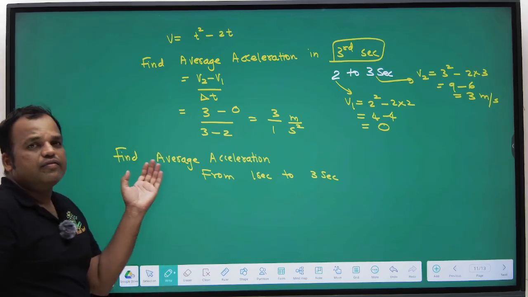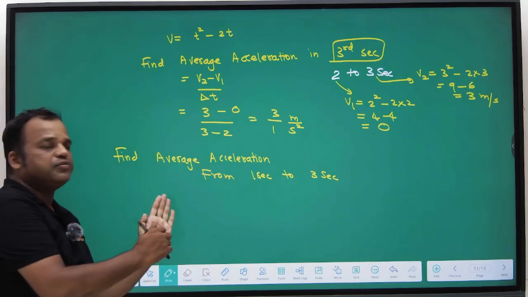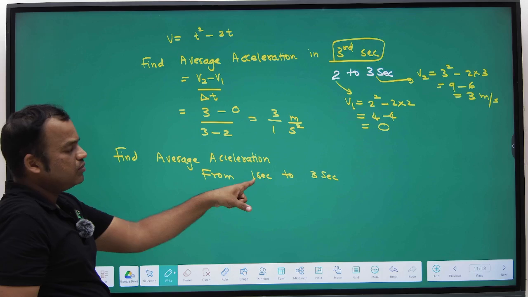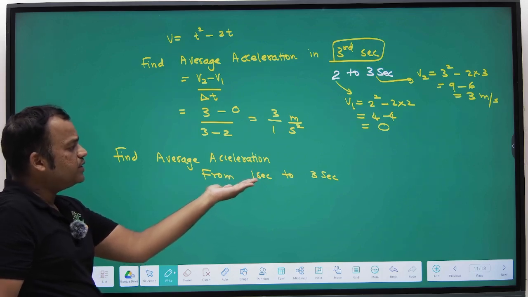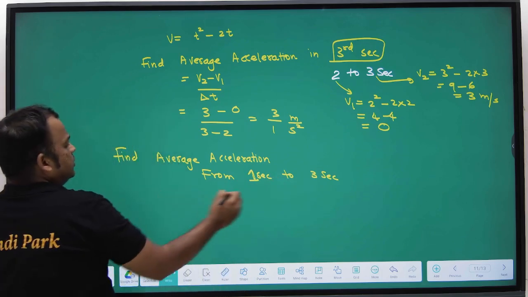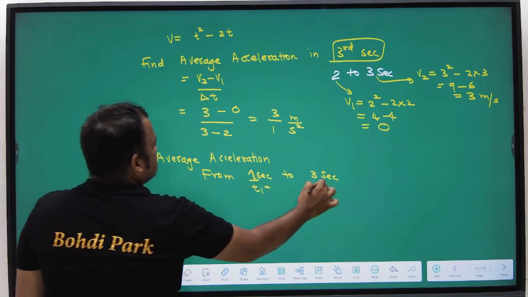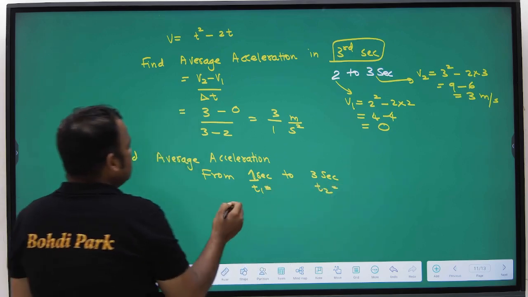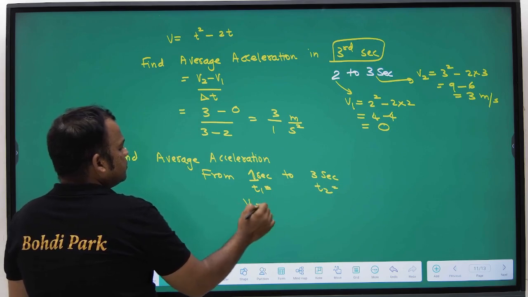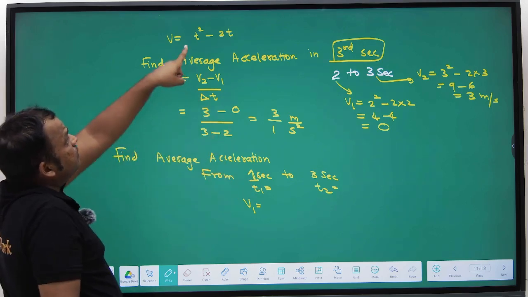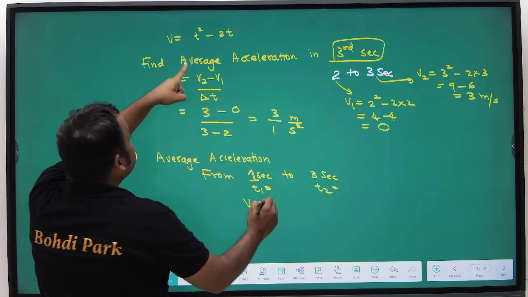So when it is average acceleration, we have to identify the initial and final time. For example, here it is initial time 1 second, final time 3 seconds. So that is t1 and this is t2. Now we'll calculate v1. So v1 means put time is equal to 1 in this expression for v.